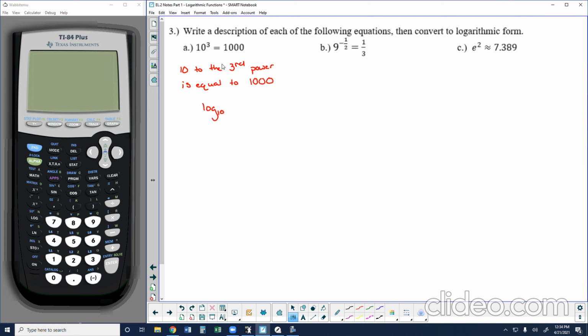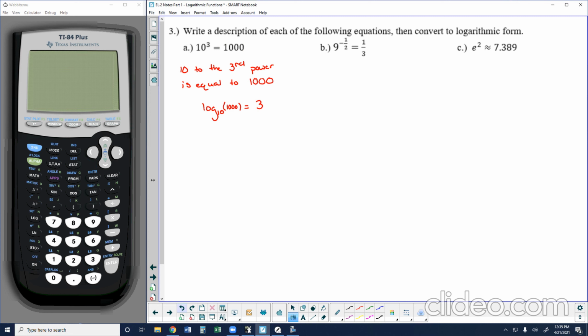The third power, the 3, is the input for the exponential function, which becomes the output for the logarithmic function. The output for the exponential function, 1,000, becomes the input for the logarithmic function. So log base 10 of 1,000 is equal to 3.